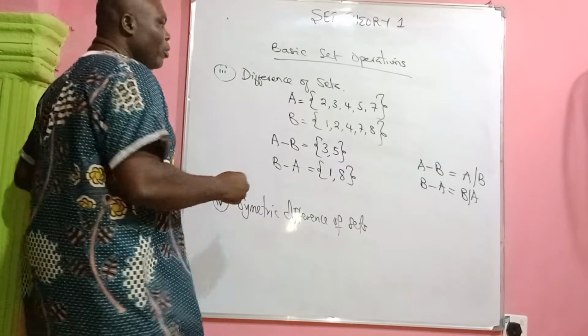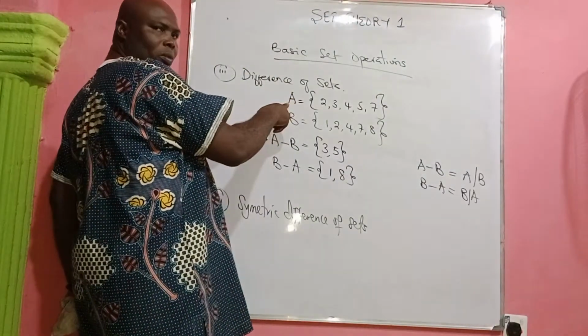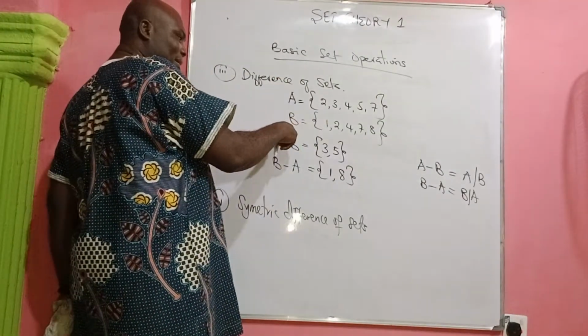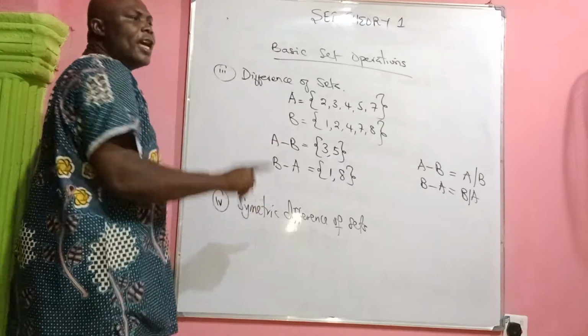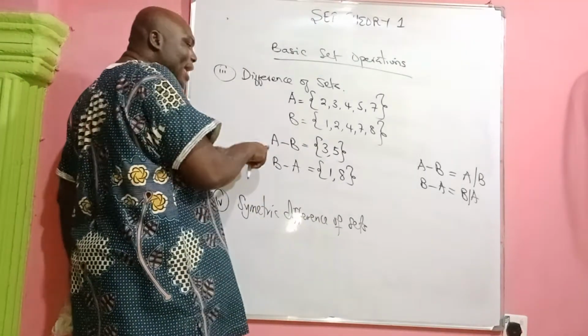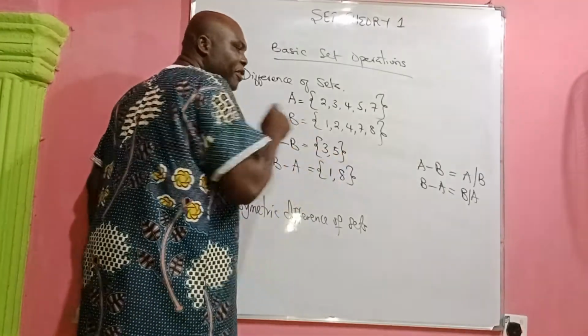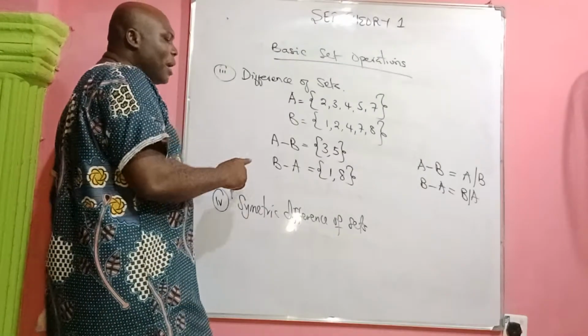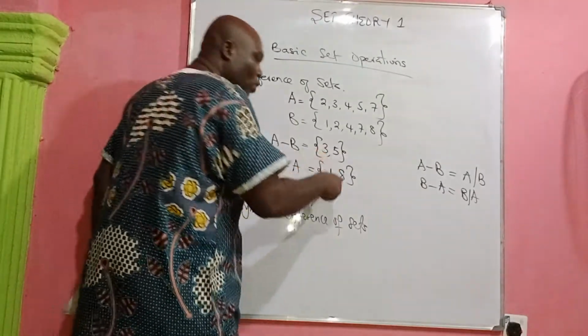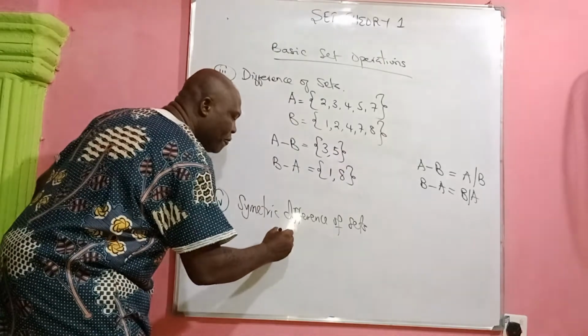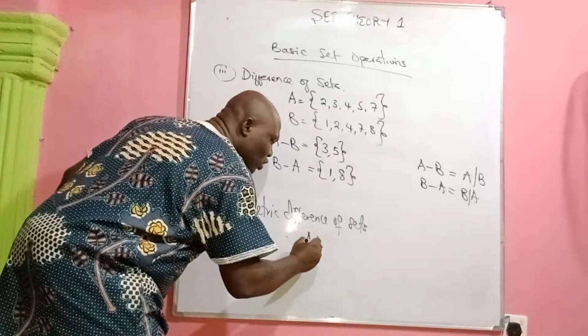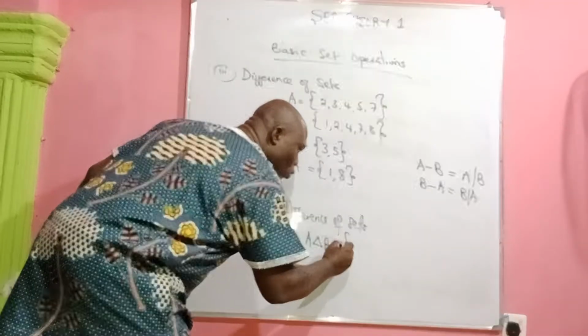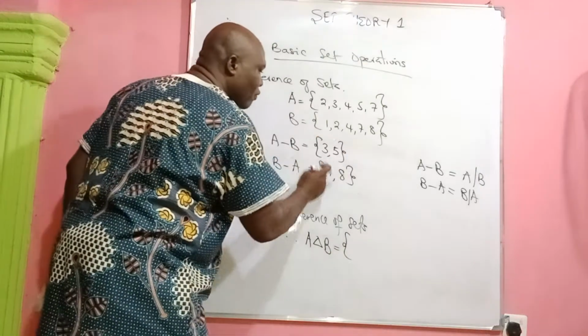Which means that if you were given A as this, and you are also given B as this, for you to get symmetric difference, the first thing you need to do is to get A difference B, which has given you this. And after that, you now find B difference A, which has given you this. Therefore, A symmetric difference B now will be the union of the two answers.